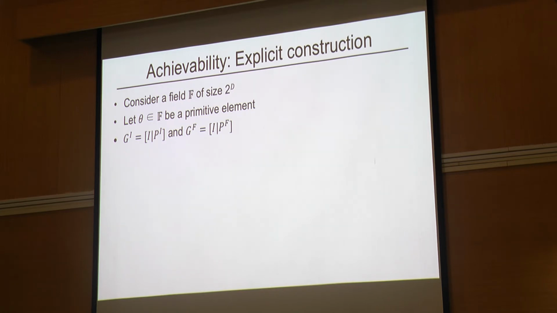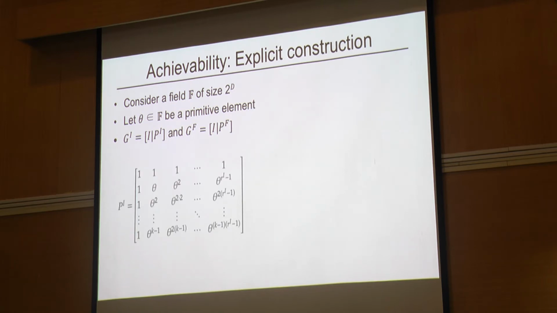So basically the power of theta for which you get back the value of 1, which is called the multiplicative identity, is the size of the field minus one. You don't need the technical details of this. You can go back and look at it if you're interested. But just keep in mind that as you keep taking powers of theta, you keep getting distinct values from the field. So that's a primitive element.